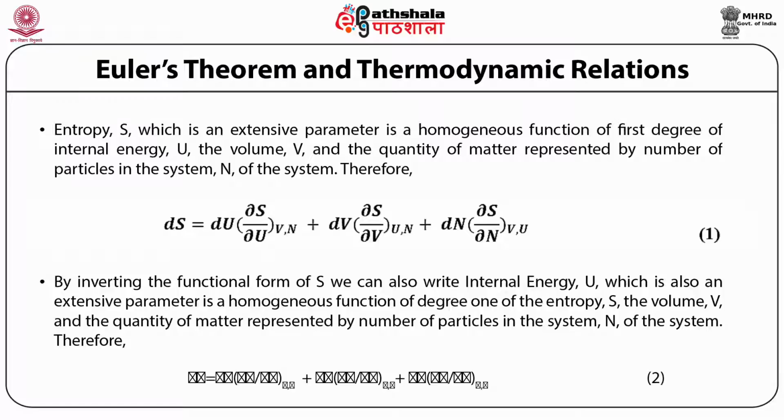Therefore, dU is equal to dS times the partial derivative of U with respect to S at constant V and N, plus dV times the partial derivative of U with respect to V at constant S and N, plus dN multiplied by the partial derivative of U with respect to N at constant V and S.